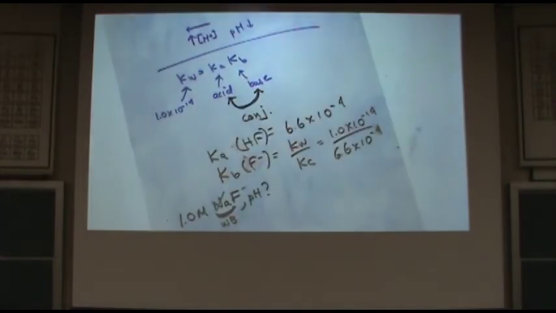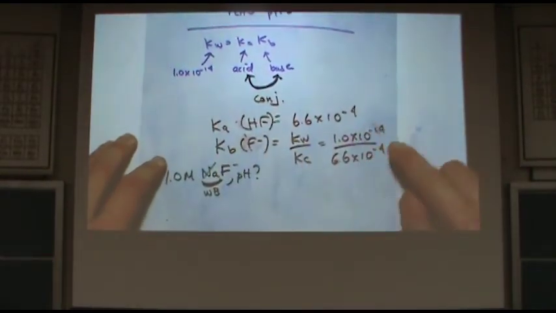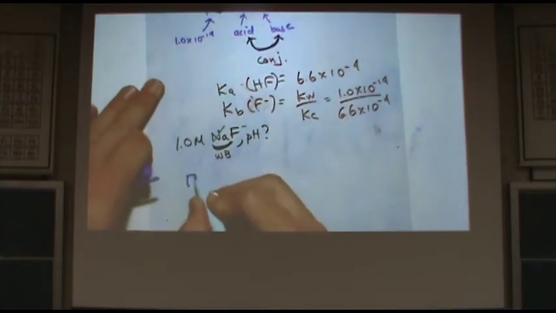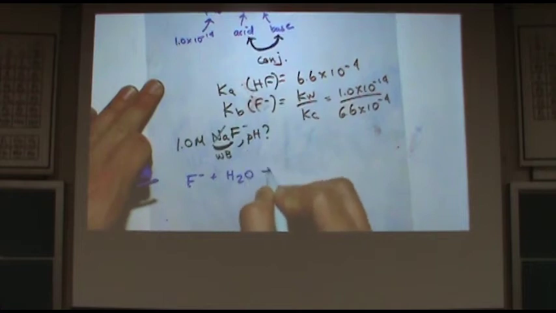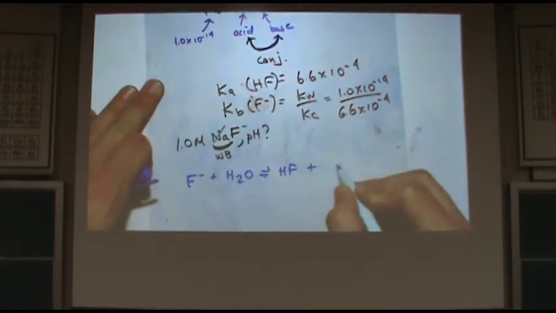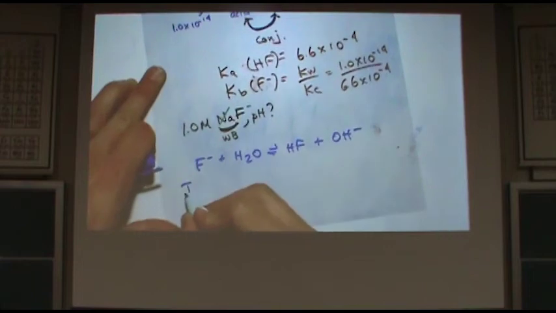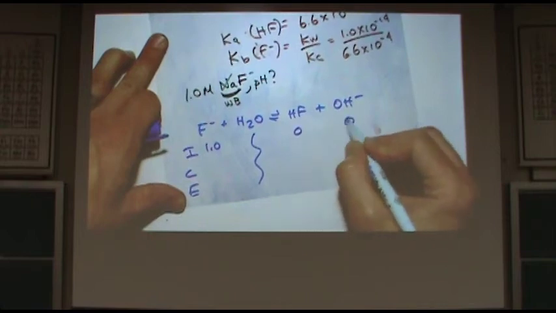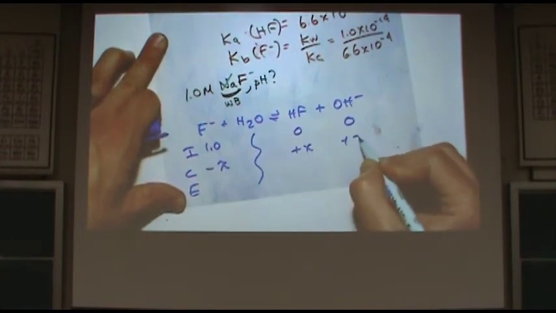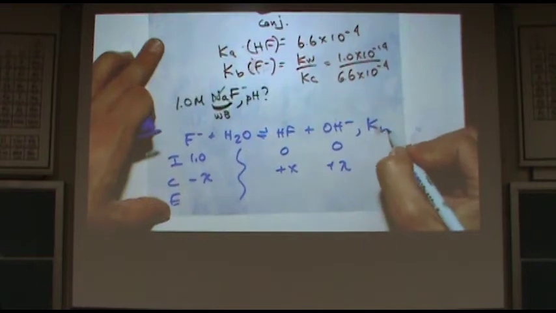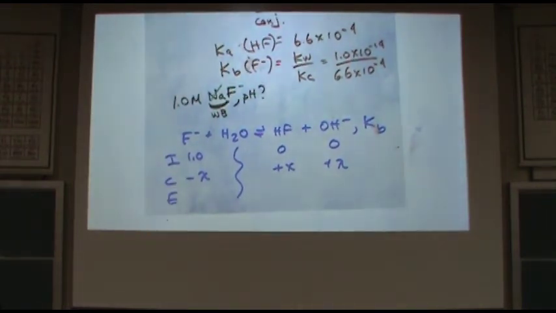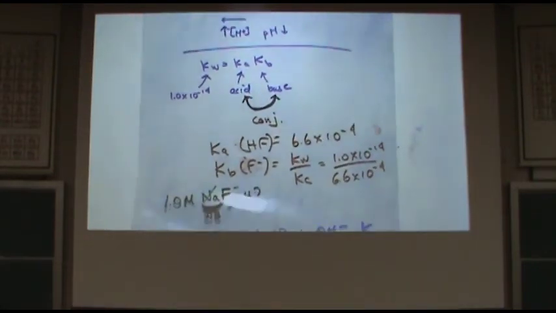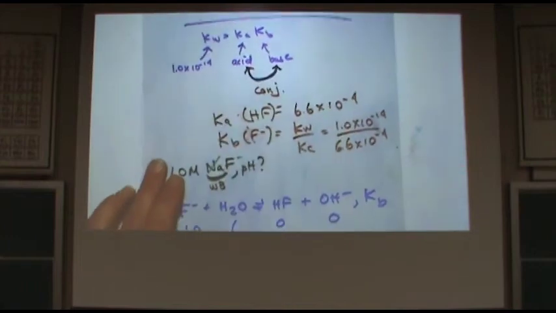So you have to find it by yourself. You find it from the Ka, which is given in the table, and that's a constant. Then you would set up the ICE table per the usual. You write a base plus water. The base grabs a proton. The water drops a proton. ICE: 1.0, ignore, 0, 0, minus x, plus x, etc. But this is going to have a Kb associated with it, not a Ka. That's the time that you're going to use this formula most often. But they must be conjugates for that to work.